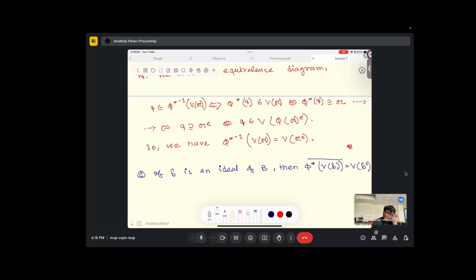That means whenever someone says that image is a scheme or image is a variety or image is an algebraic set, they mean this closure.